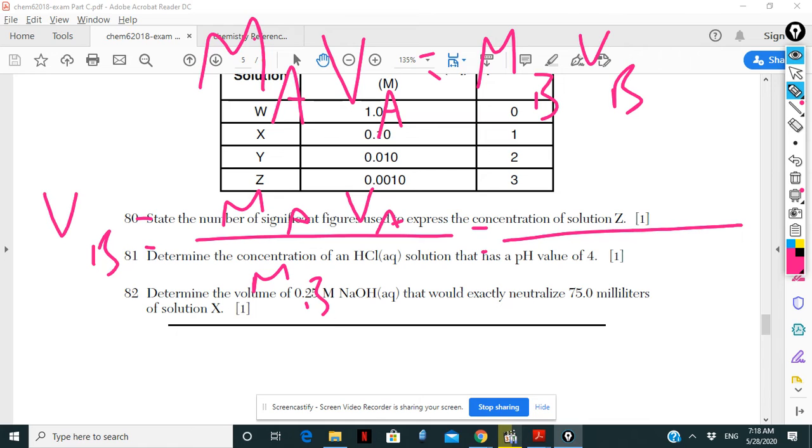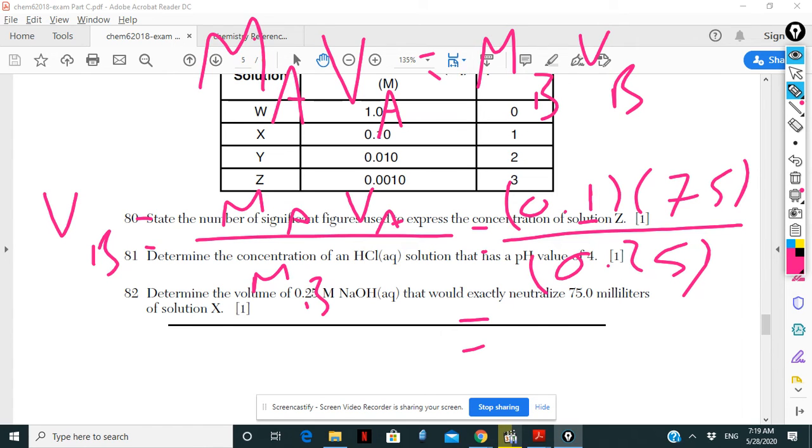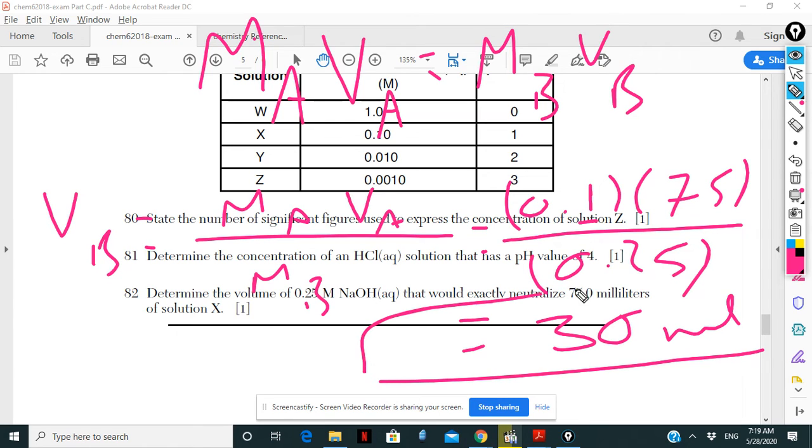The molarity of the acid is solution X, which is 0.1, and the volume is 75, divided by 0.25. Doing that calculation gives you 30 milliliters.